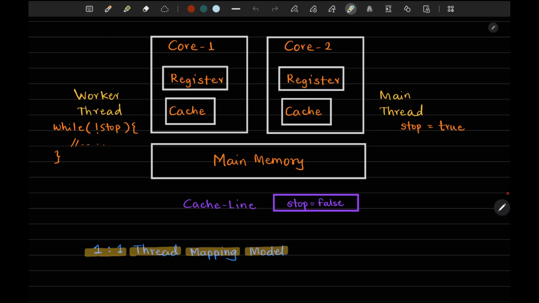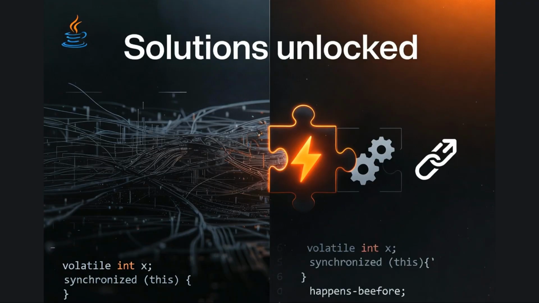This highlights exactly why it is essential to understand the Java memory model if you want to design correctly behaving concurrent programs. By now, you must have understood the foundation of the Java memory model, and be ready for part 2, where we'll discuss the solutions including the volatile keyword, synchronized blocks, and the happens-before relationship.